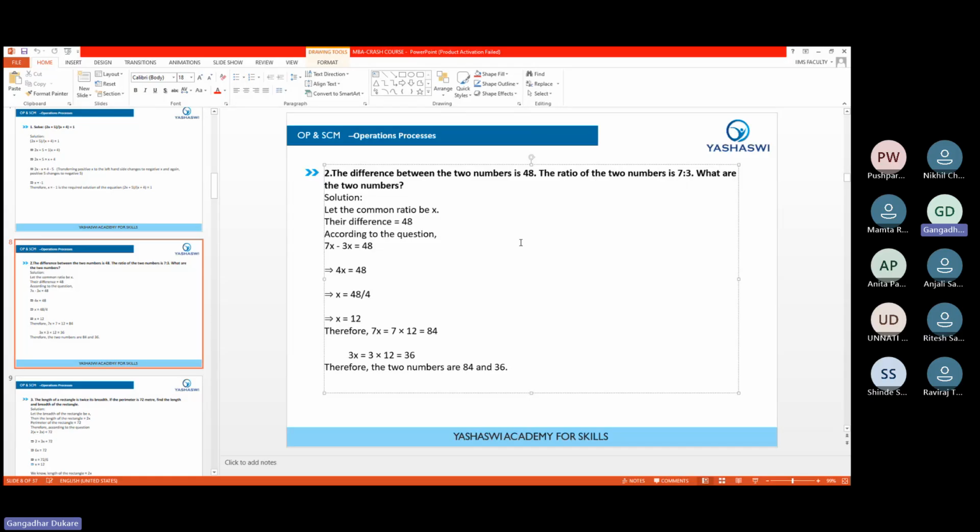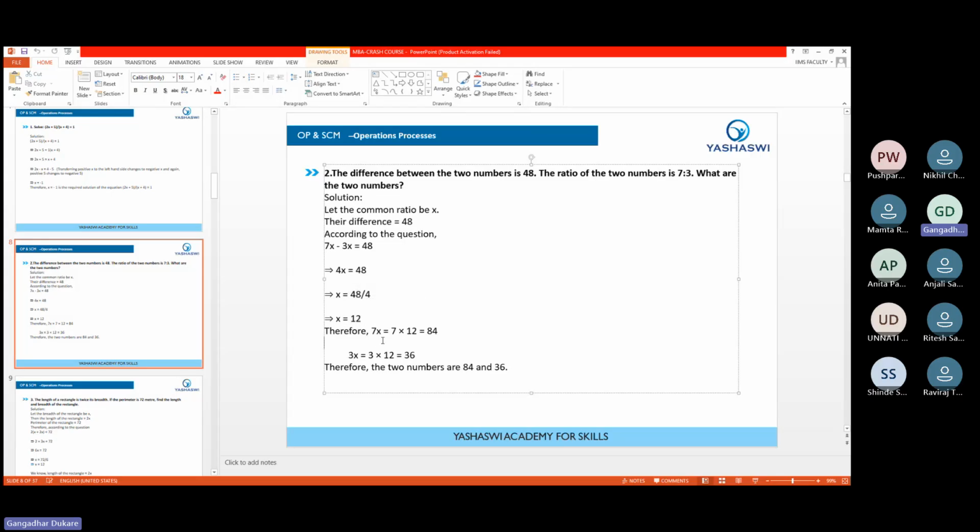So we write the difference in terms of the ratio numbers, that is 7x minus 3x equal to 48. We can calculate 7x minus 3x, the value is 4x. So x equal to 48 upon 4, that is 12.